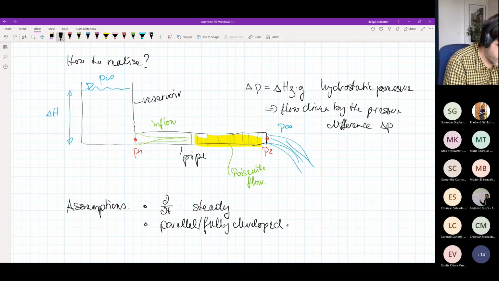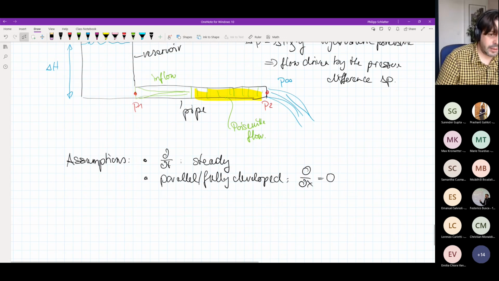So that means there we have d/dx being 0. Keep in mind again that fully developed means the d/dx of the velocity, not necessarily of the pressure. We will talk about that in a second.